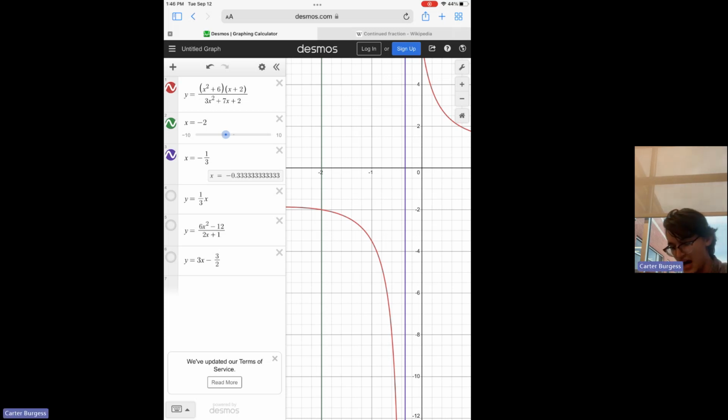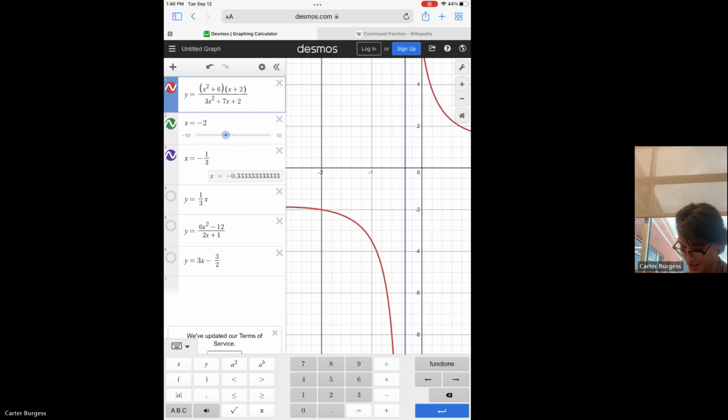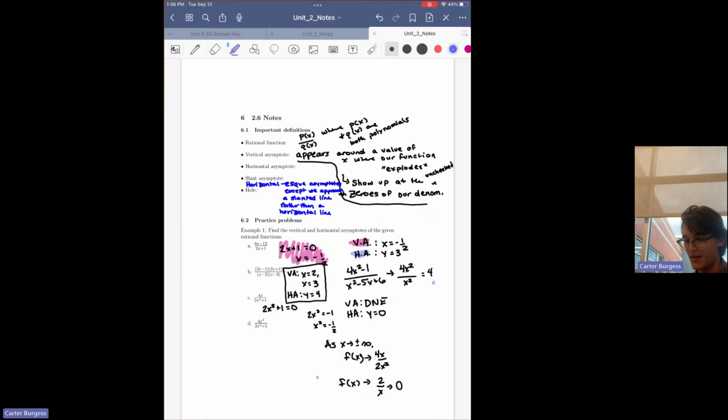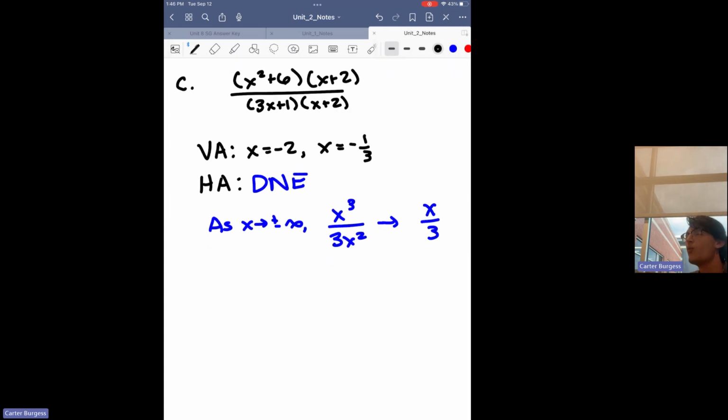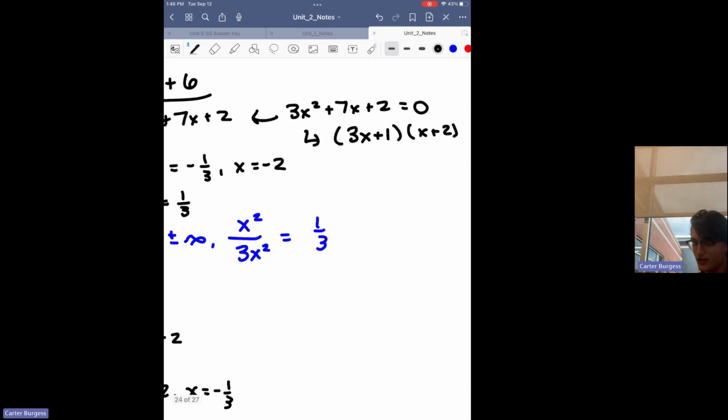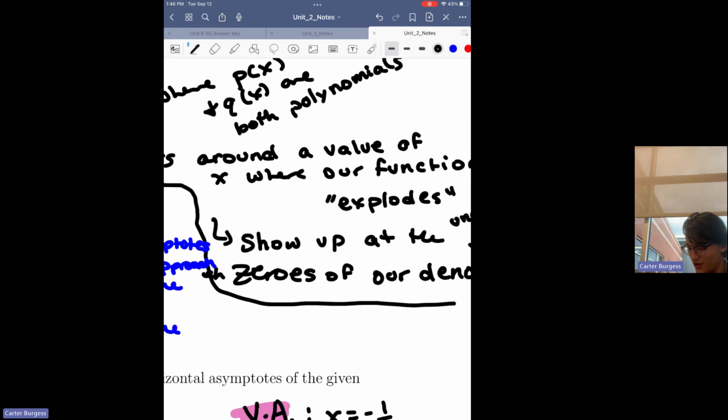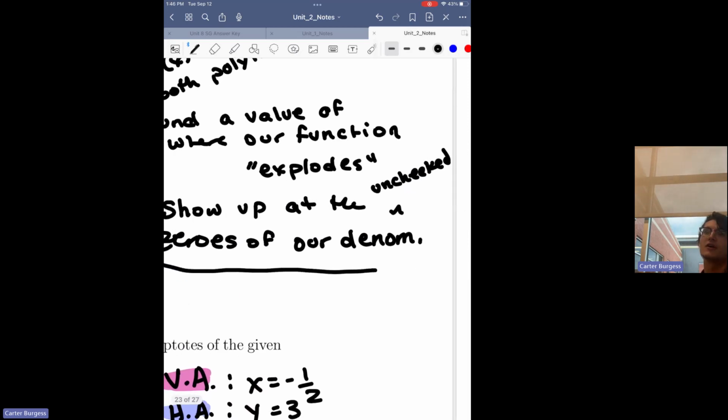Okay. Let me rework here. The denominator of our function here. We already did this factoring. All right, we said that this was the same as 3x plus 1 and x plus 2. And our claim was, well, we see vertical asymptotes around, remember our definition before, the unchecked zeros of our denominator.